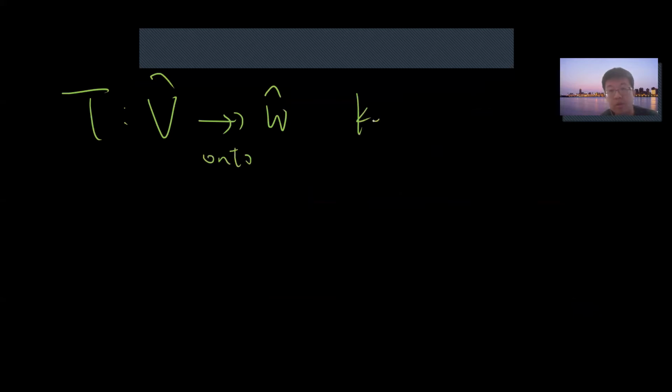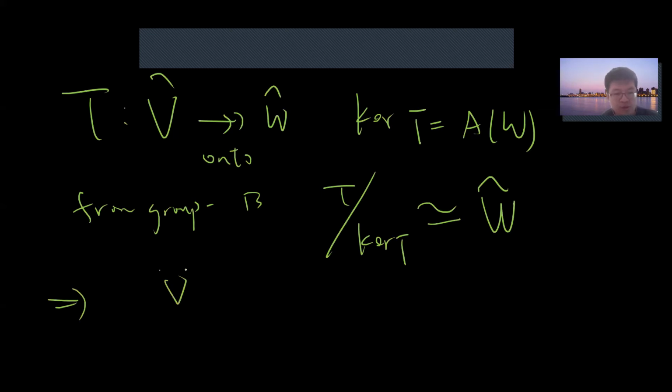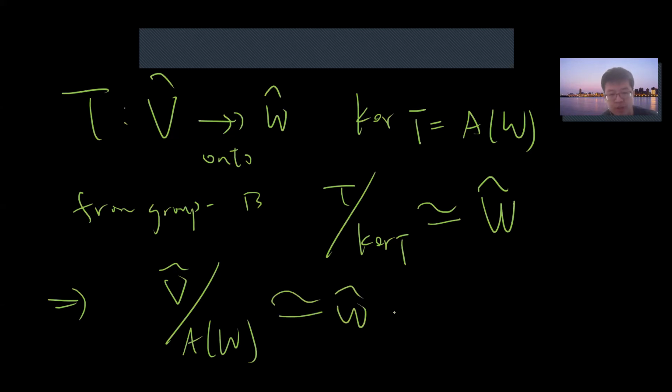Okay, so we got T from V hat to W hat, which is onto, and then the kernel of T is basically the annihilator. So from the first isomorphism theorem, T quotient by the kernel is isomorphic to W hat, which tells you that V dual quotient by the annihilator of W is isomorphic to W hat.